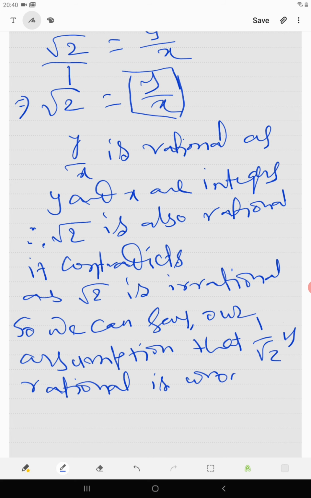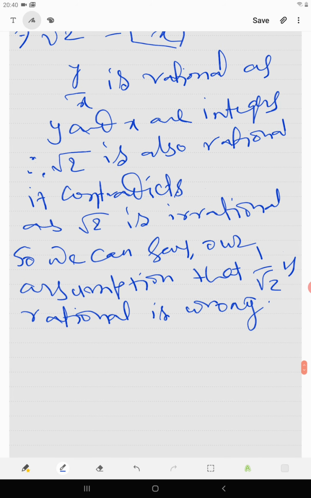This we have assumed initially that 1 by root 2 is rational. That is wrong. That is, 1 by root 2 is irrational.